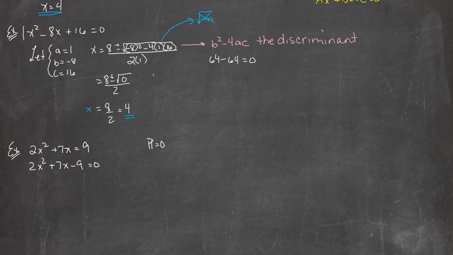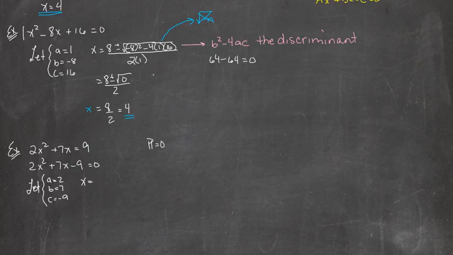If I wanted to factor it, I'm in position to factor it. If I wanted to use square root property, I would look and evaluate and see that I have a linear term, so the square root property wouldn't work. And so I'm going to use the quadratic formula. So let a equal 2, b equal 7, and c equal negative 9. I'm going to write the formula out.